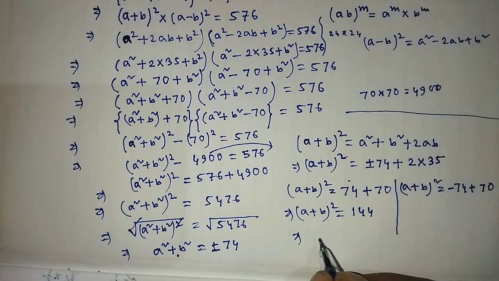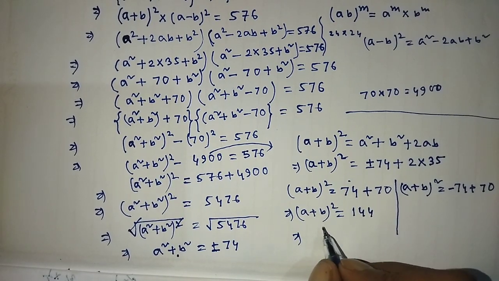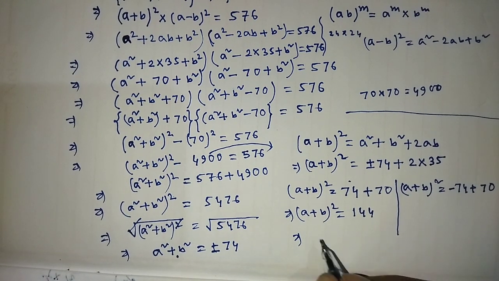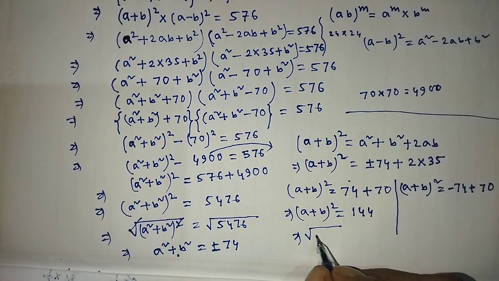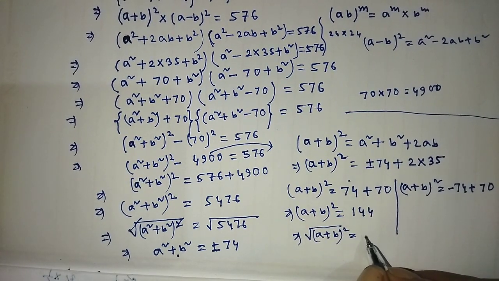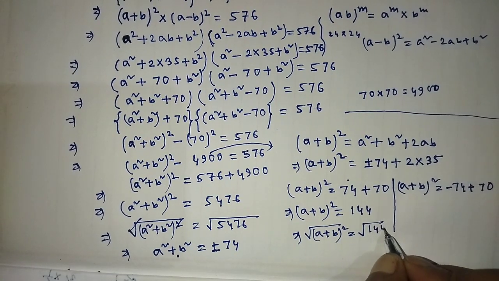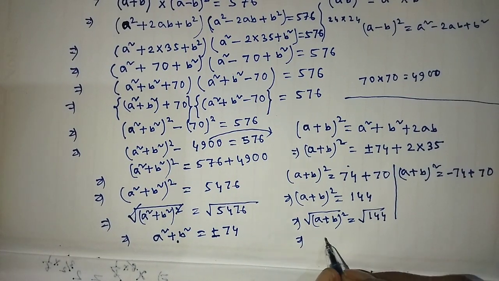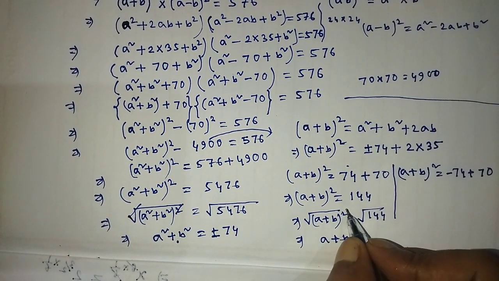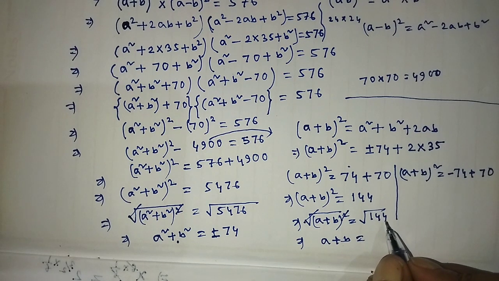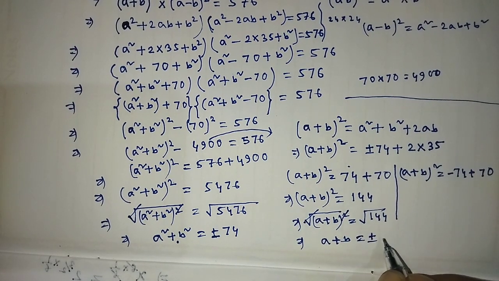To find the value of a plus b from this equation, we take the square root on both sides. So (a + b)² equals root of 144. The square root of (a + b)² will be a plus b, as square and square root cancel, and the square root of 144 will be plus minus 12.